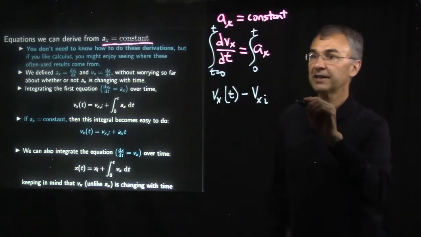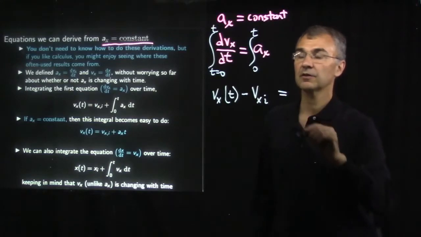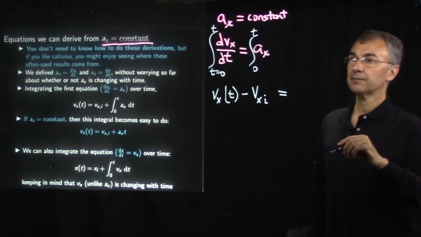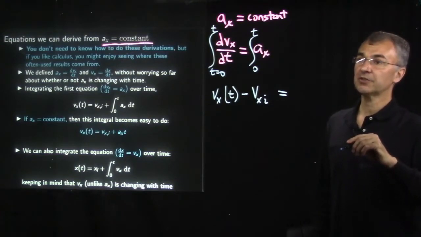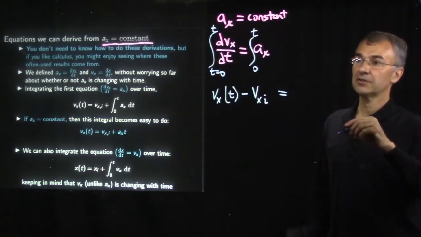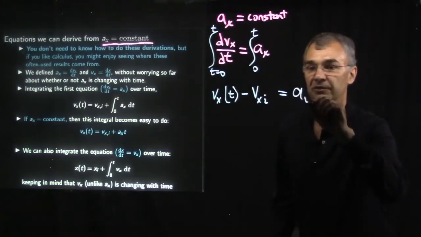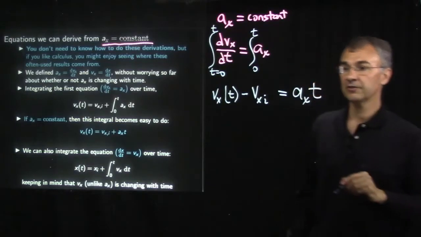And on the right-hand side, we just multiply. If you have a constant and you integrate a constant, then you're basically just multiplying by t. So that's a sub x times t.